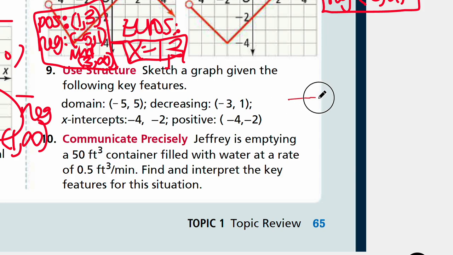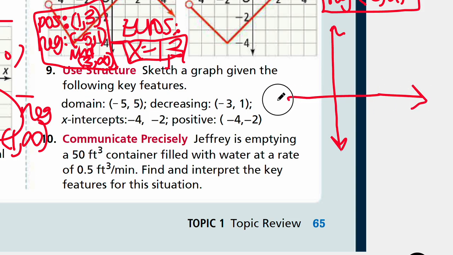So let's start with drawing the easiest one, which are the x-intercepts, right? So we know the function is 0 at -4 right here, and then -2 right here.